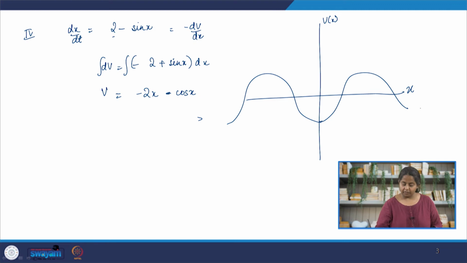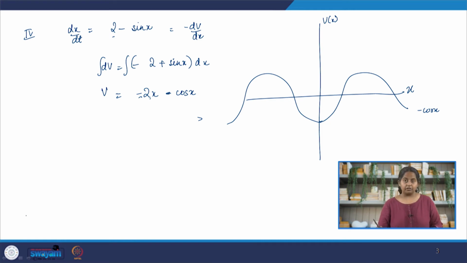So here I have drawn minus cos x, and now we are drawing minus 2x. So minus 2x will look like this. Now, where these two curves intersect, to understand how the system behaves by subtracting the curves, I need to make sure that we have subtraction going on in between.